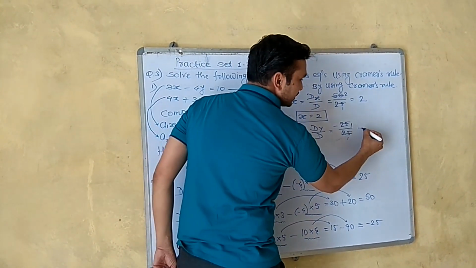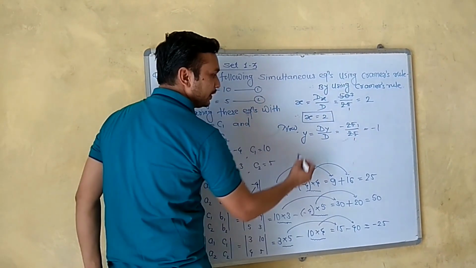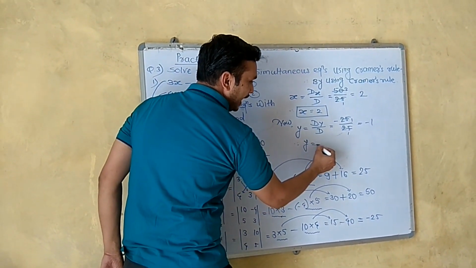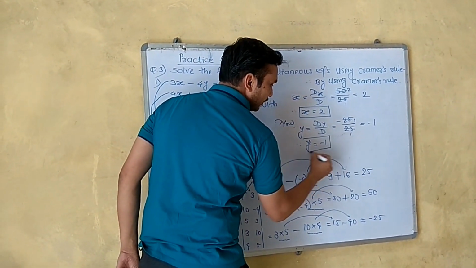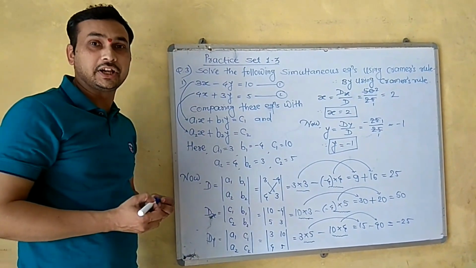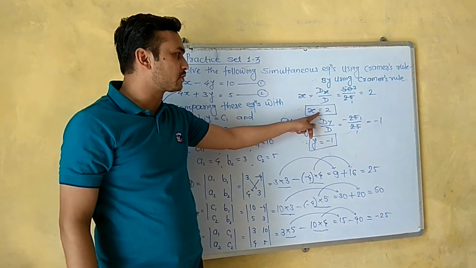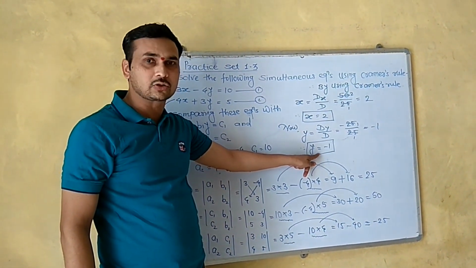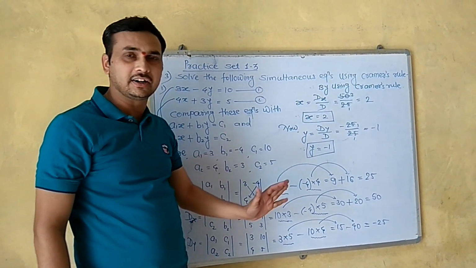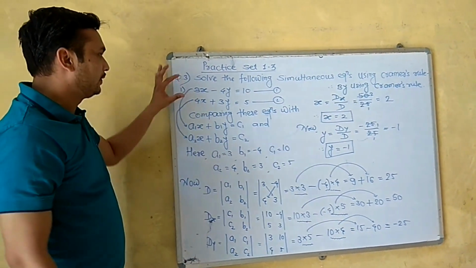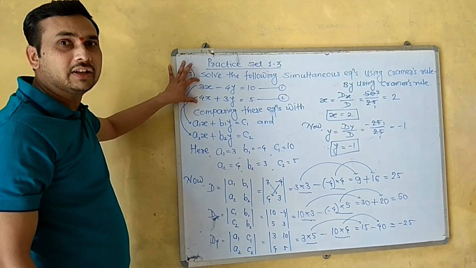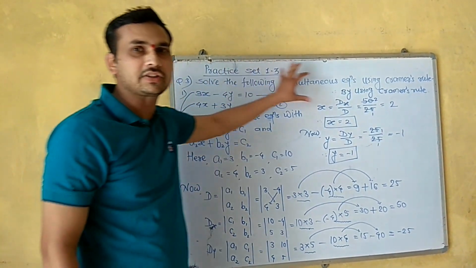This is equals to minus 1. So therefore y equals to minus 1. So therefore x equals to 2 and y equals to minus 1 is the solution of this given simultaneous equations.